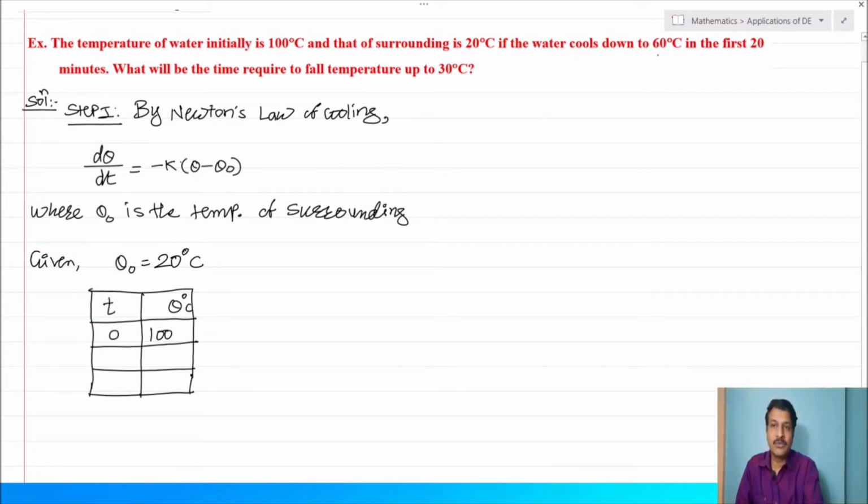If water cools down to 60 degrees Celsius in the first 20 minutes, it means that after 20 minutes, here time in minutes, the temperature of water is 60 degrees Celsius. And what will be the time required? So we want to find the time. I will consider that as T1, to fall to a temperature of 30 degrees Celsius. It means that we want to know when the temperature of that water will be 30 degrees Celsius, what will be the time required?